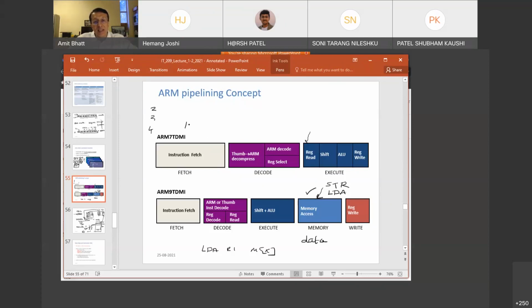In the second cycle, instruction number 1 will move over here, and instruction number 2 will come here, and then 3 and 4 would be waiting. In the third cycle, instruction number 1 will move over here, 2 will come over here, and 3 will come over here, and 4, 5, 6, 7 would be waiting. So this is how it would progress.